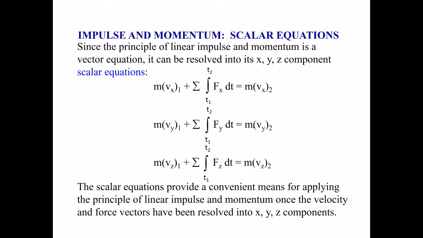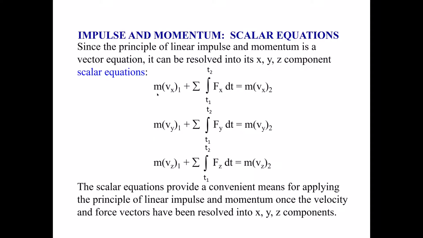Okay, so if we're resolving our vector into x, y, and z components, you can actually just set these equations up as the scalar components individually, right? So in each direction. So what you'll find is, the vector form is valid, of course. And if you want to think about the three unit vectors, or the directions i, j, and k, the individual scalar equations also are valid, okay?